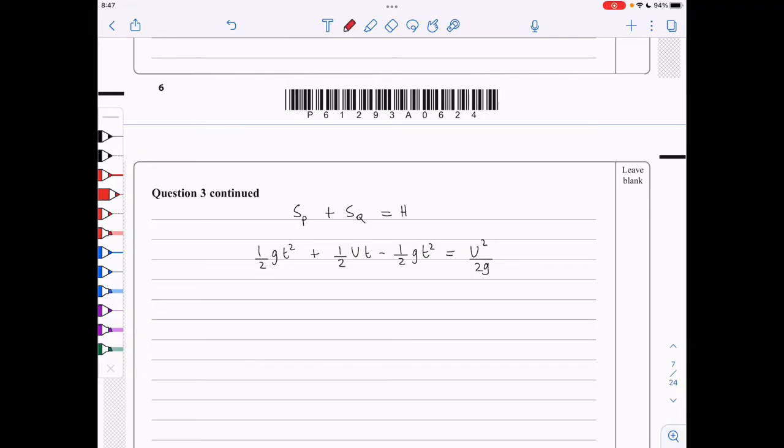Now the gt squared terms cancel out, the 2 with the 2 cancels out, the u with the u squared, and I'm left with t is u over g seconds. I was asked to find the time here in terms of u and g.